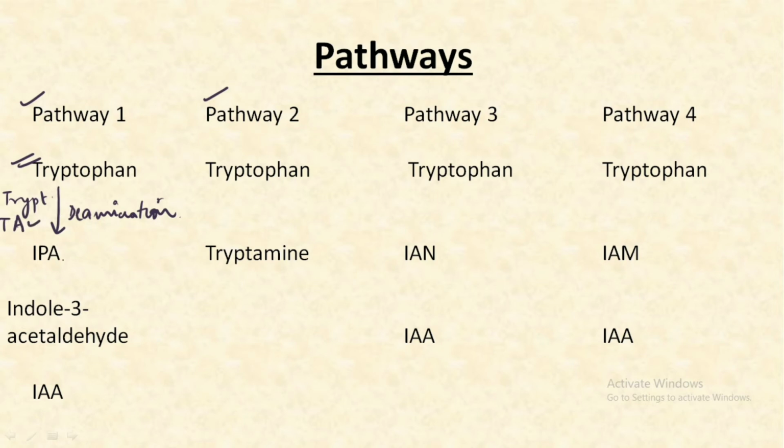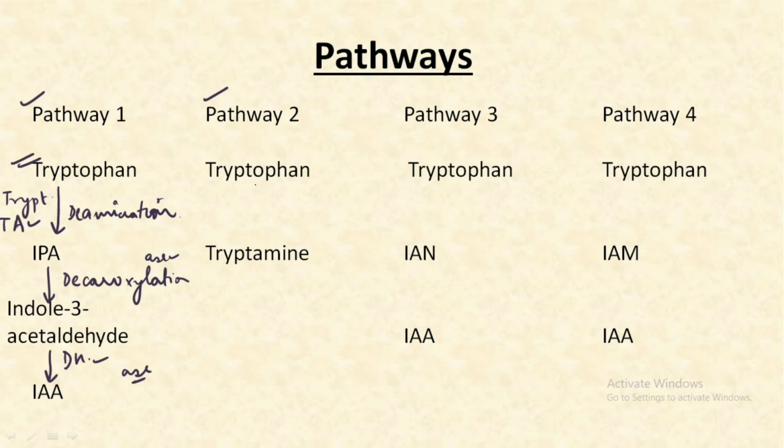Then we have IPA getting converted into indole 3-acetaldehyde by the process of decarboxylation, and the enzyme that is used is decarboxylase. Finally, this indole 3-acetaldehyde gets converted into indole 3-acetic acid by the help of dehydrogenation, and the enzyme that is used is dehydrogenase.